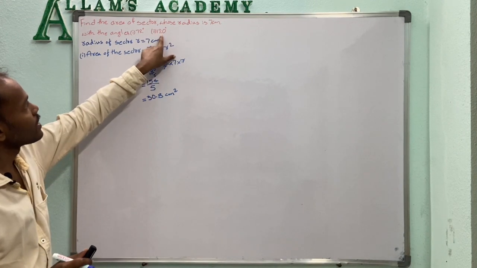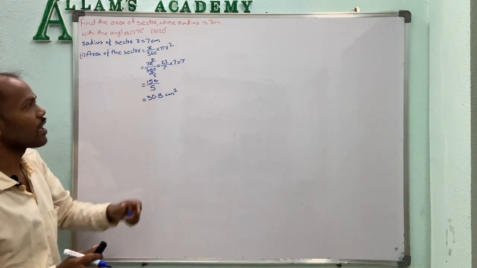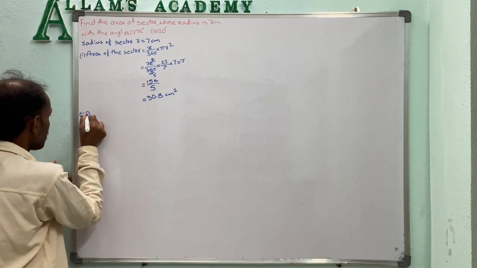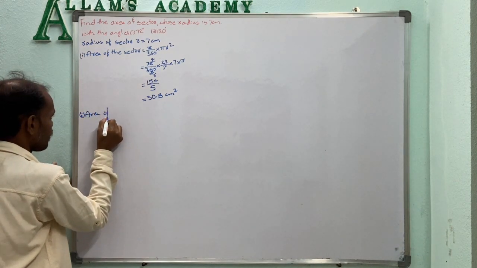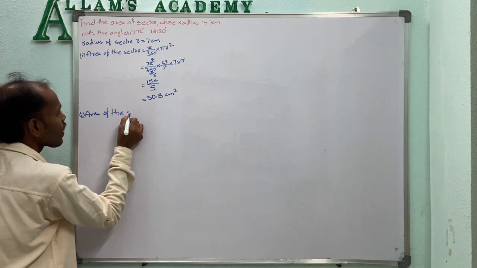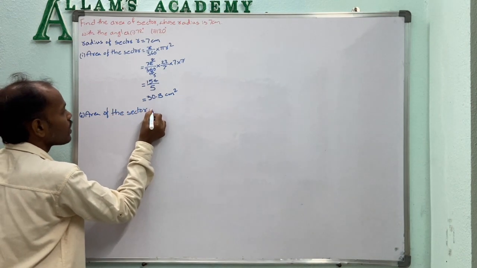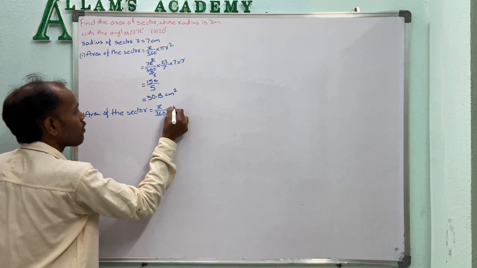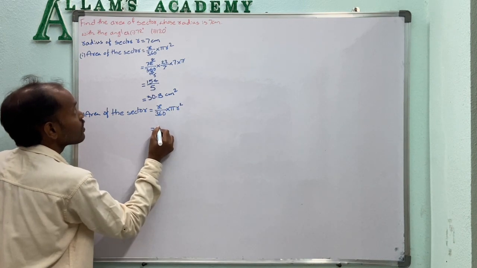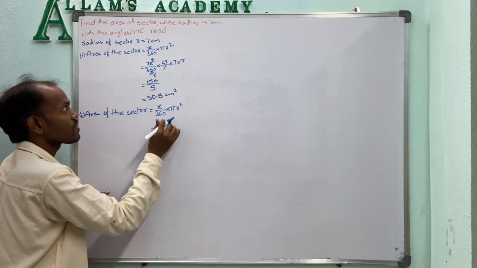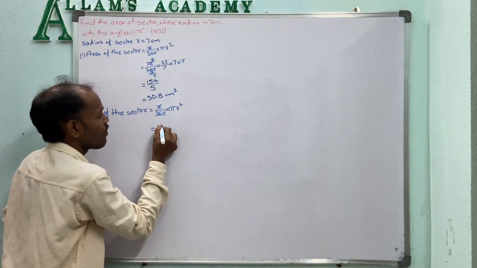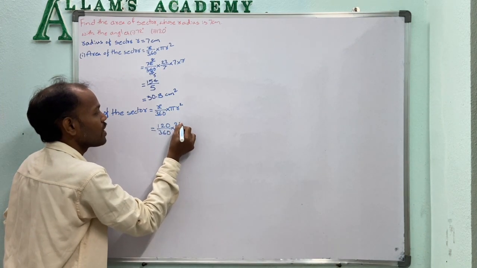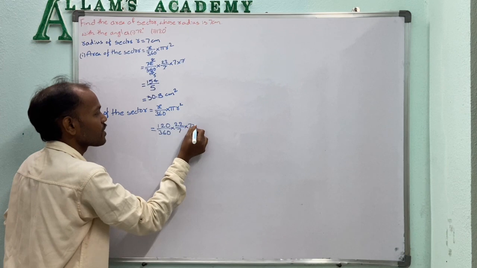If the sector's angle is 120 degrees, then how much? So the second one, the area of the sector equals x by 360 into pi r square, where r is 7. Here the x value is 120 degrees. Solving, 120 by 360 into pi value 22 by 7 into 7 into 7.